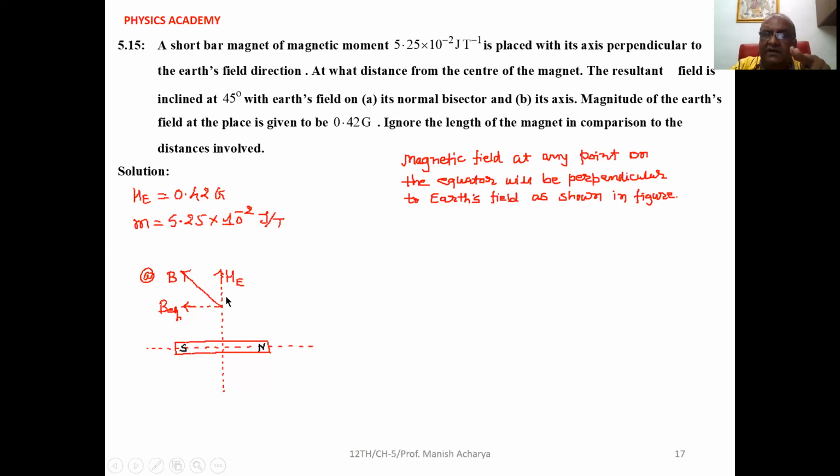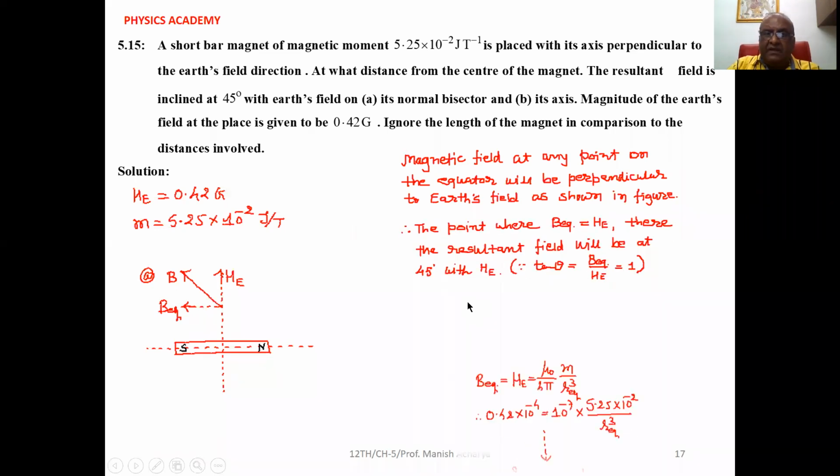Or we can prove it mathematically also. If the angle between B and He is 45, then you can write tan 45 is B equator upon He. Tan 45 is 1. So B equator and He are the same.